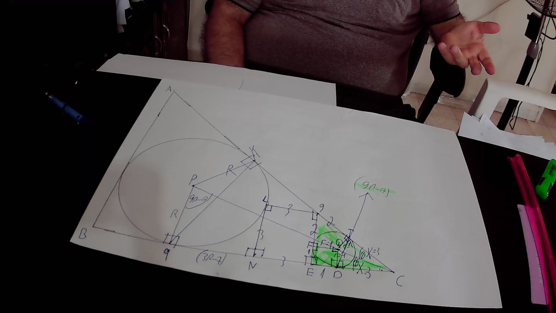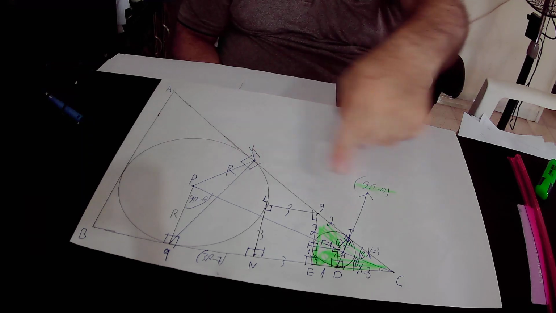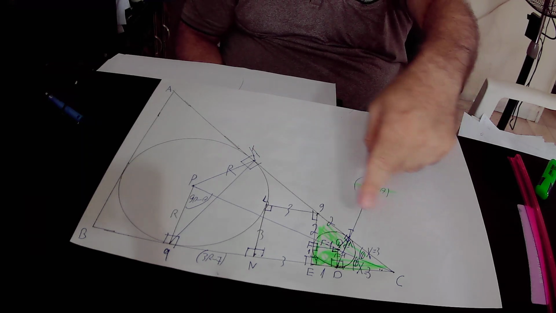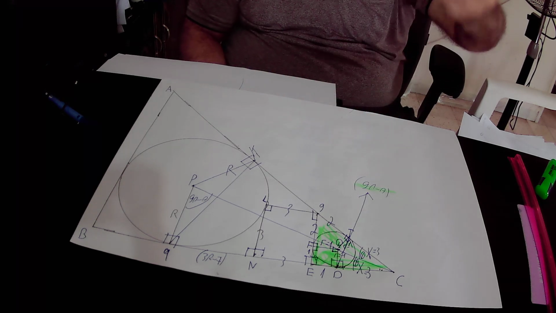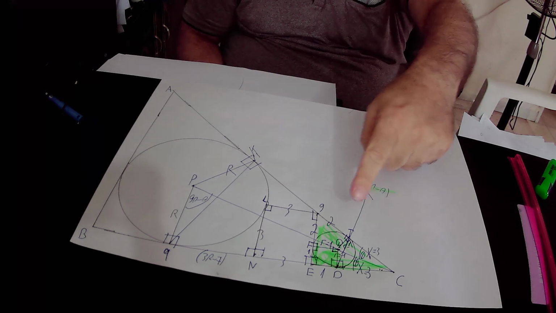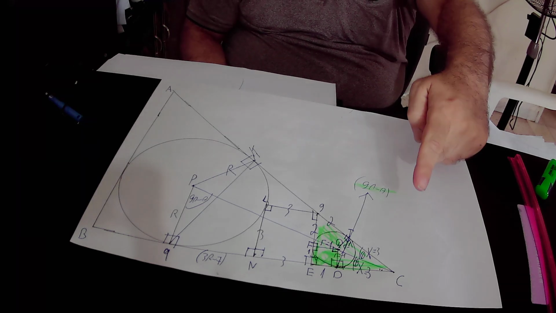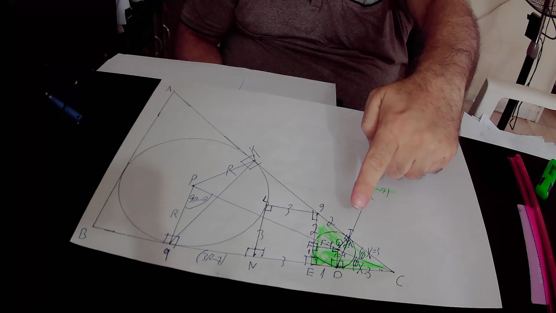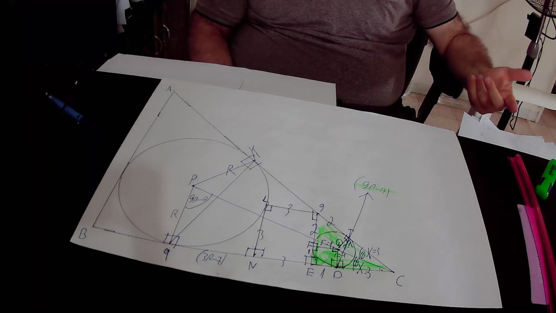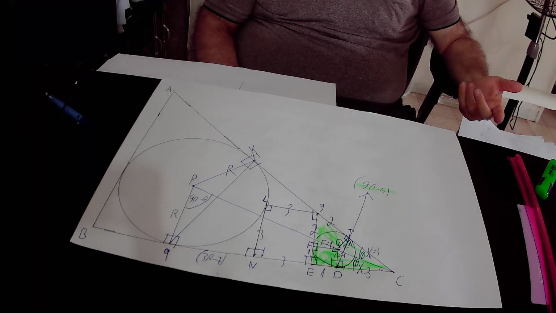Otherwise, if CO and CP were located on the same straight line, then CO must pass through point P. So we must conclude that CO and CP are not located on the same straight line.